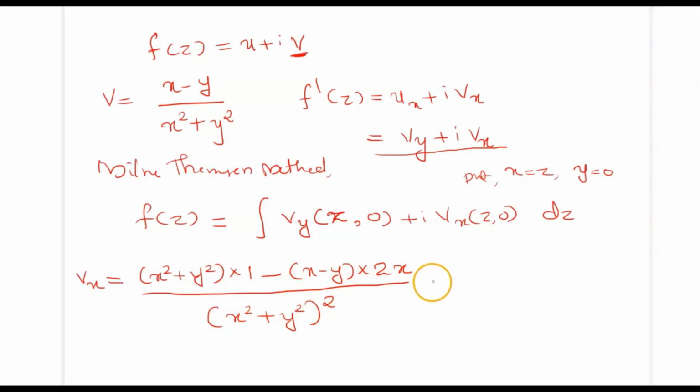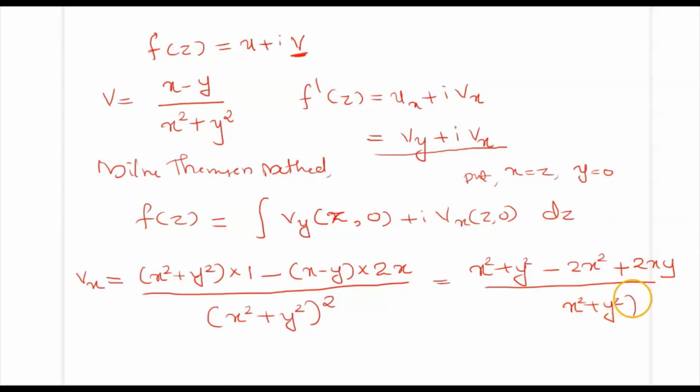Thus vx is equal to (x square plus y square minus 2x square plus 2xy) divided by (x square plus y square) whole square, which is equal to (minus x square plus y square plus 2xy) divided by (x square plus y square) whole square.